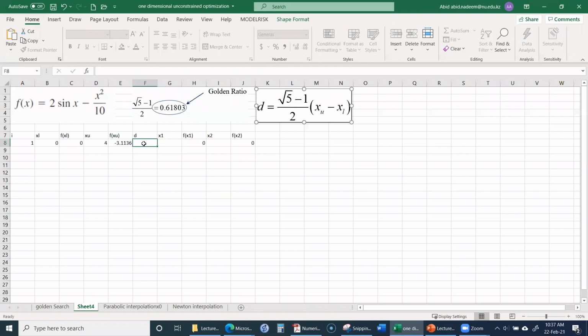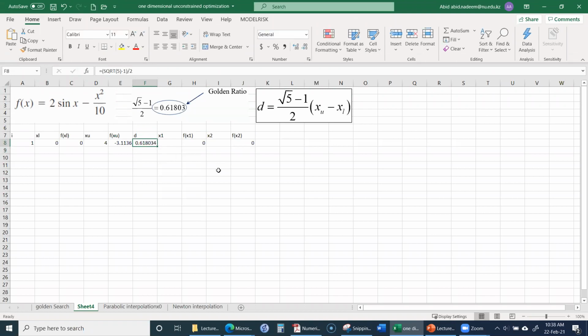So we will find the value of D. The value of D will be equal to SQRT 5 minus 1, divided by 2, right?